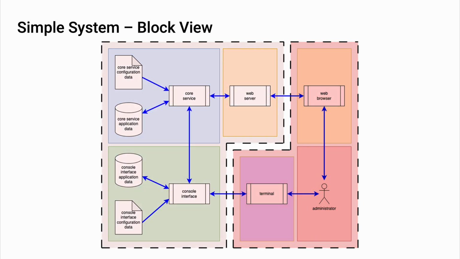On the left, the system of interest, we have a web server and a console interface that the administrator is interacting with. Both are communicating with the core service. That core service and the terminal interface have both configuration and application data. We have multiple processes, we have read-write and read-only data stores, and we have different types of data flows.